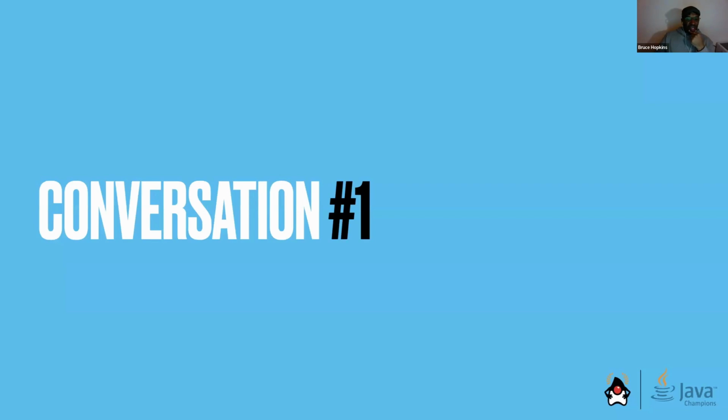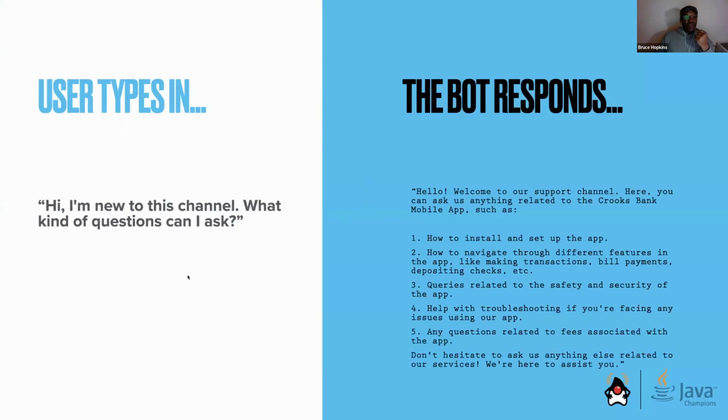Let's talk about conversation number 1. When the user typed in, hi, I am new to this channel, what kind of questions can I ask? The system responds back and basically summarizes the types of things that were already in the frequently asked questions. Okay, so far, so good.